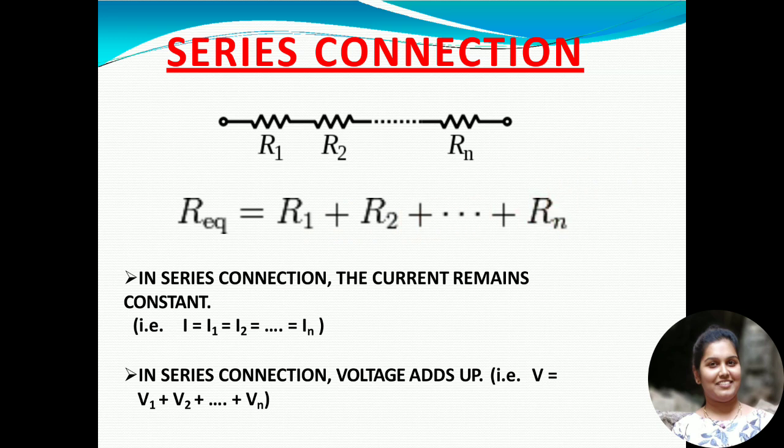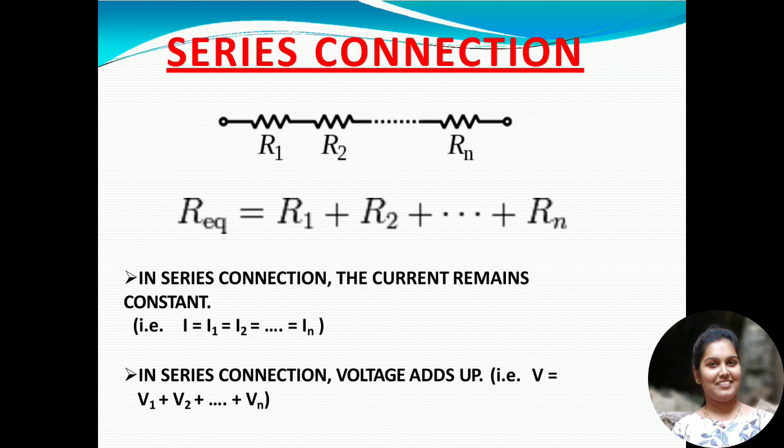All the resistors which are connected in series are summed up together to give us the equivalent resistance. In a series connection, the current remains constant, that is I. The amount of current that flows in R1, R2 up to Rn remains the same, as there is only a single path for the passage of current. The current remains the same.